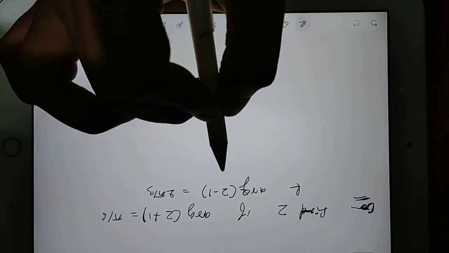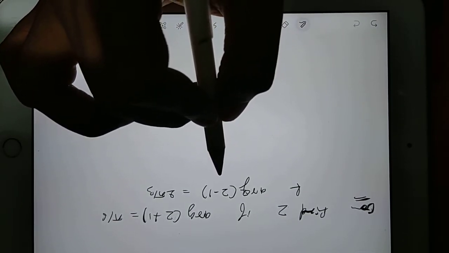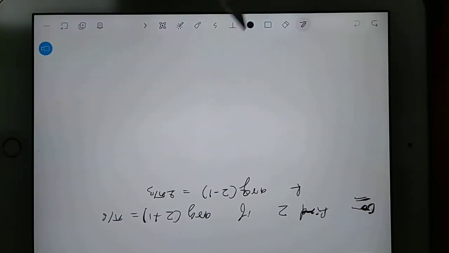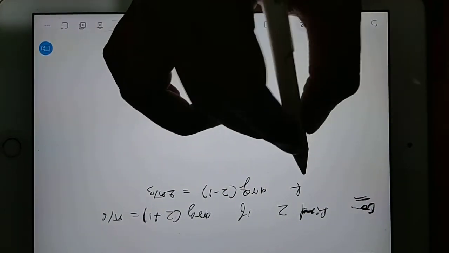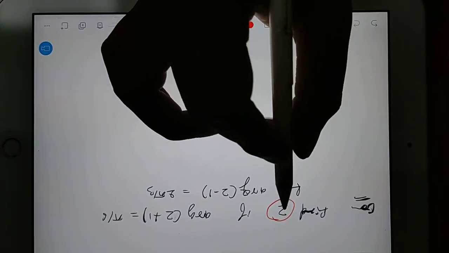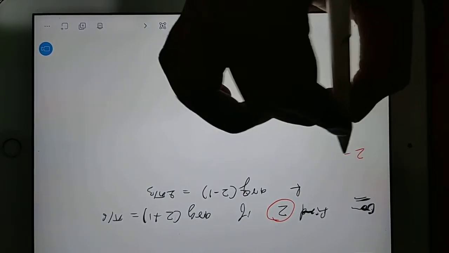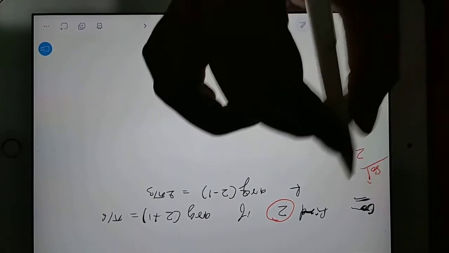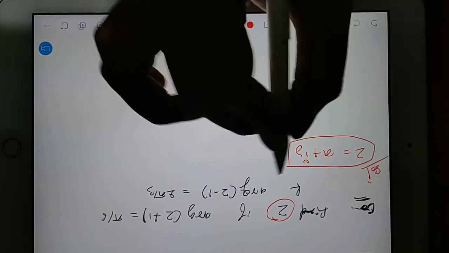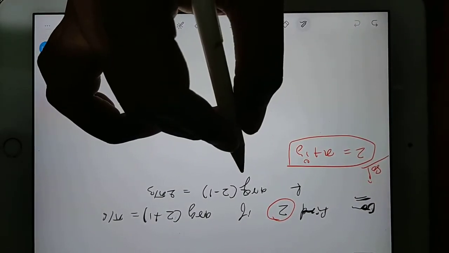Now what is this arg? That is nothing but the value of theta from tan theta. So how do we approach this? Suppose I give this z value in terms of x and y. I will write the solution: z is equal to x plus iy. This is my z value. It means I need to find the x value and y value.